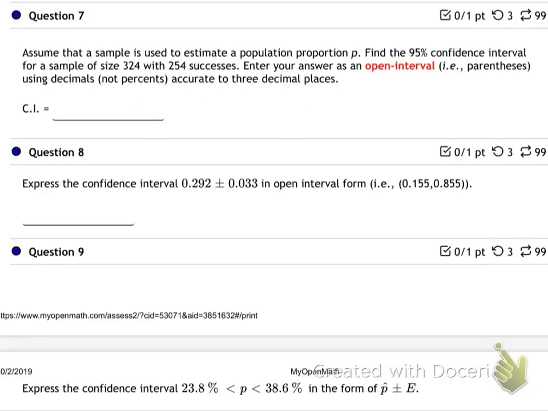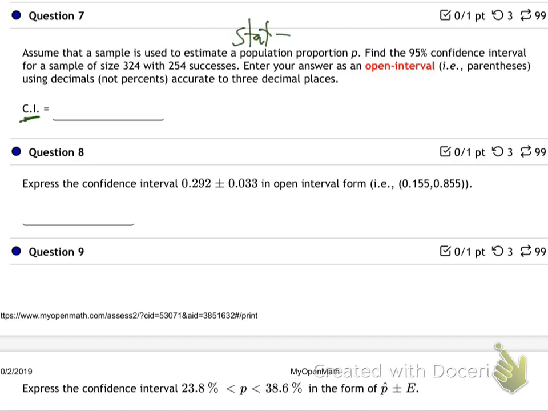All right, we'll try 7. Assume that a sample is used to estimate a population proportion P. Find the 95% confidence interval for a sample size of 324 with 254 successes. Enter your answer as an open interval, parentheses, using decimals, not percents, accurate to 3 decimal places. Bunch of fancy talk. They want you to do a CI, a confidence interval, so you know what to do, right?